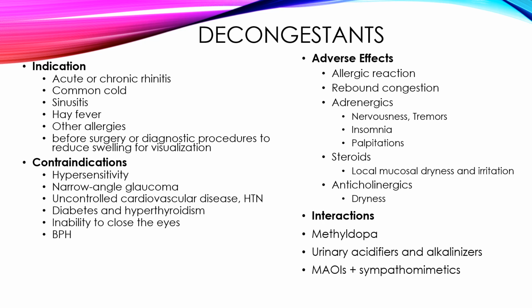Now, steroids, probably be cautious with it. Your anticholinergics, I don't think I want you to have dry eyes. You're already having problems. So you might want to be very cautious. Doctor probably won't prescribe a decongestant for someone that has narrow angle glaucoma, but you never know. You never know, right? All right.